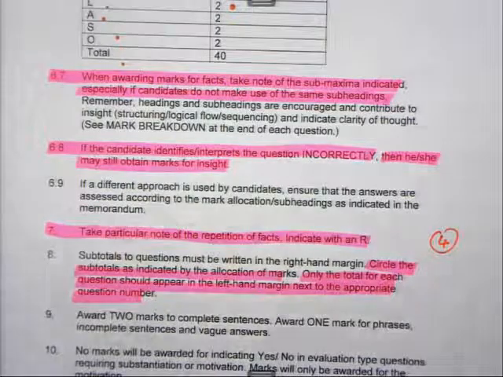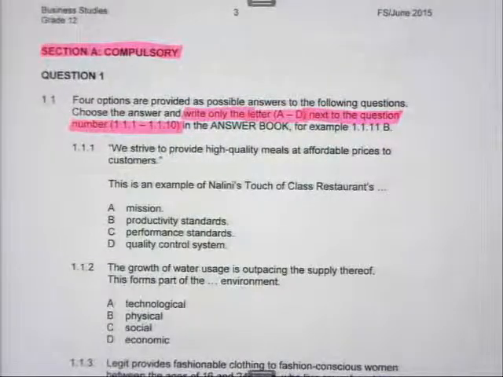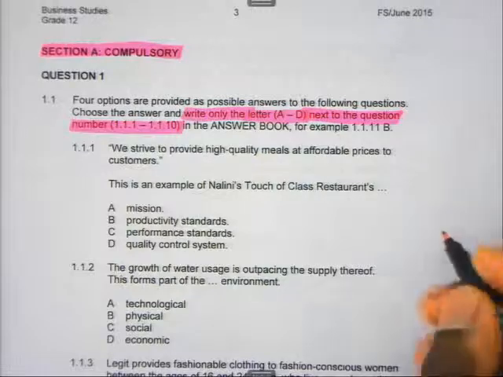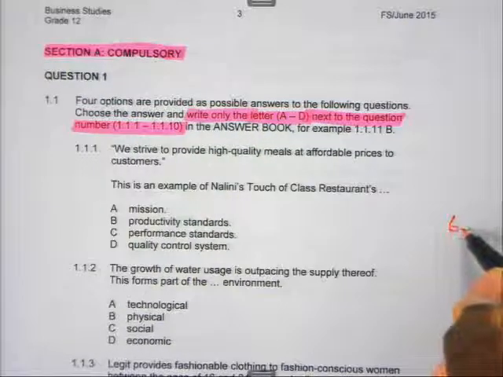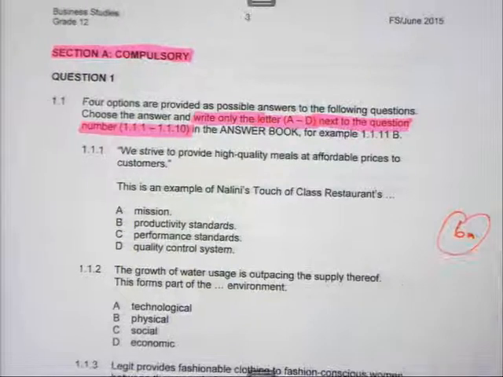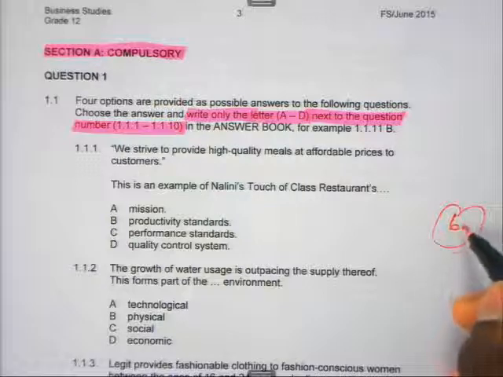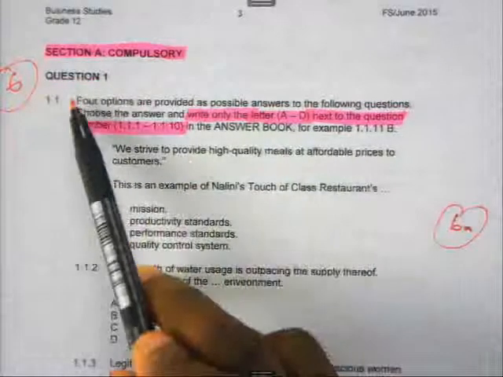For example, if we make use of our question paper here, if a candidate obtained, say, 6 marks here, and it's 6 marks for question 1, the very same 6 marks will be transferred here as a total for this question next to the question.